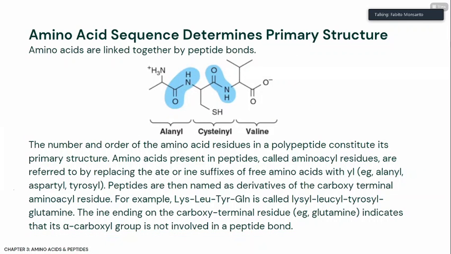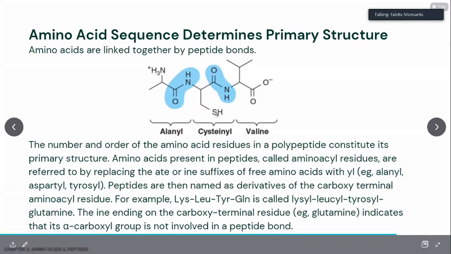All right. Now, once you have this string together, the residues mentioned will end in -yl, and the last residue is not changed.